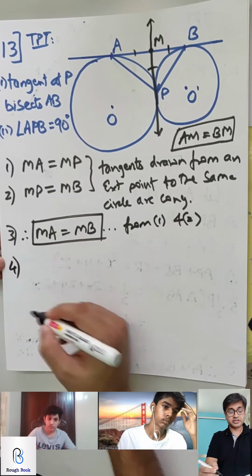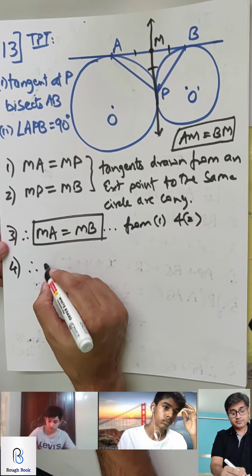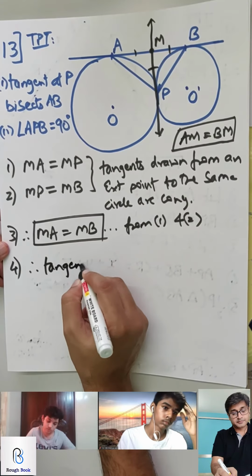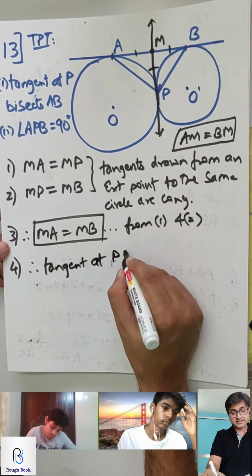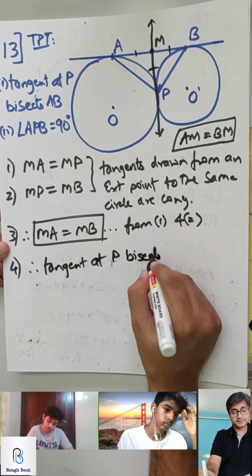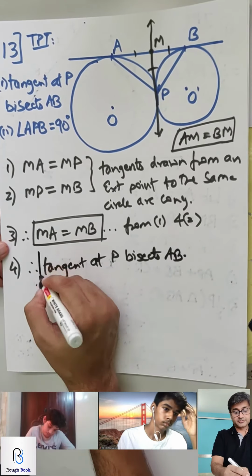So we managed to get the first part, and you can say therefore the tangent at P bisects AB. So we got our first part sorted.